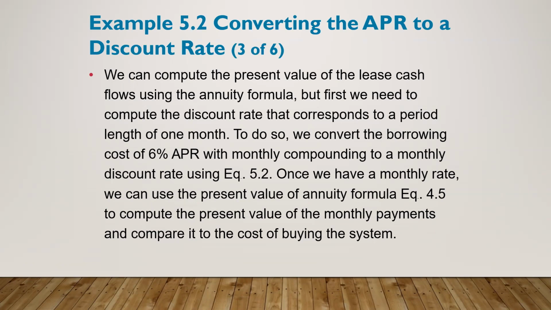To do so, we convert the borrowing cost of 6% APR with monthly compounding to a monthly discount rate using equation 5.2. Once we have a monthly rate, we can use the present value of annuity formula in equation 4.5, which we all discussed in the previous videos, to compute the present value of the monthly payments and compare it to the cost of buying the system.